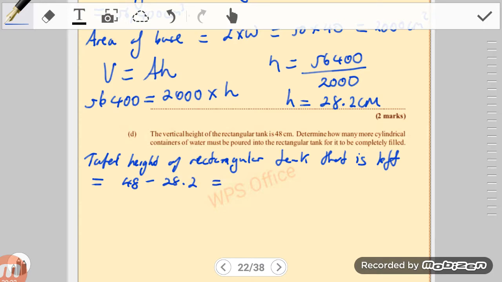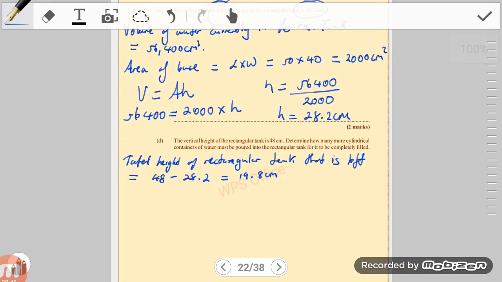And that's going to give me the remaining height, which is going to be, let's see here, 48 minus 28.2. And that's going to give me a remaining height of 19.8 centimeter. So that's the amount of height that is left in this tank.